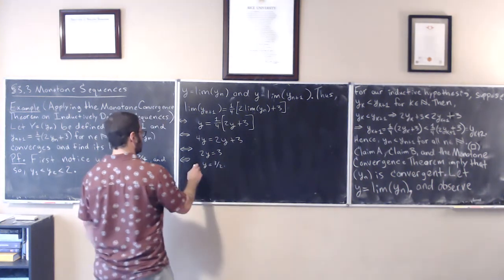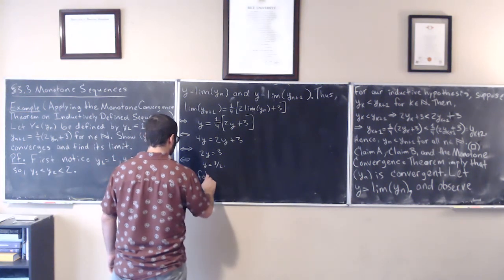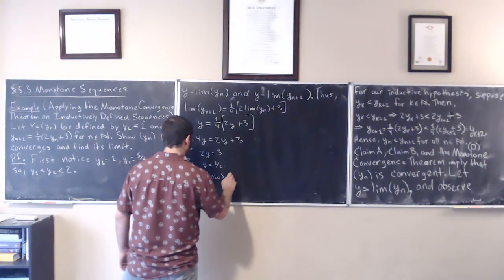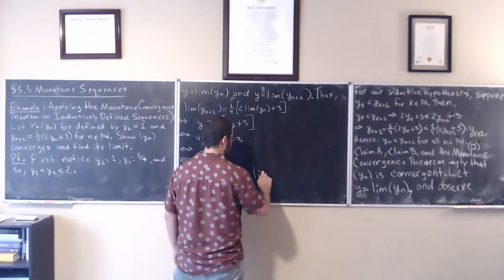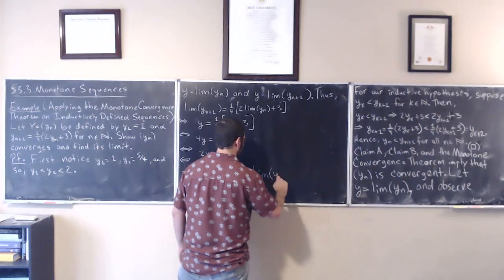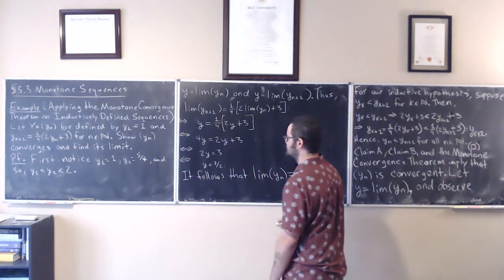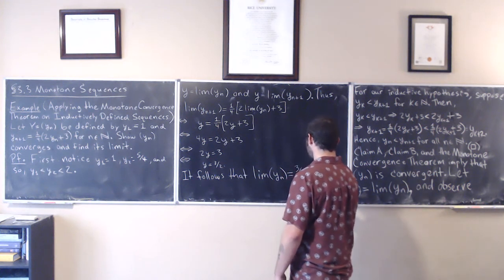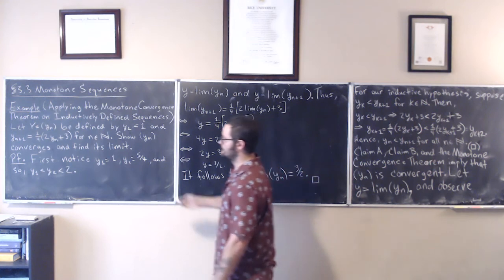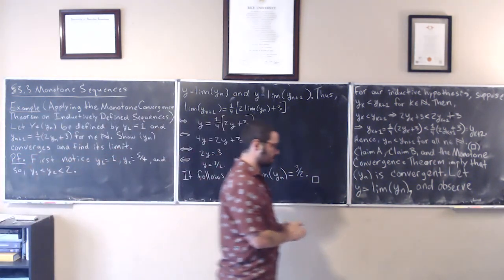Okay. So it follows that the limit of this sequence y sub n is equal to 3/2. Done. That finishes the proof of this problem statement.